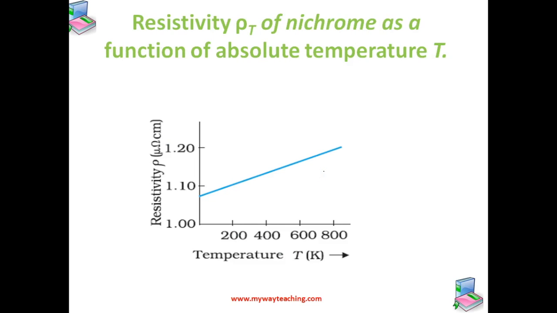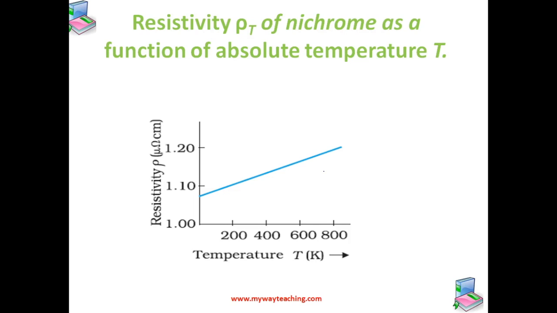You can see this in the graph. Manganin and constantan have similar properties. These materials are widely used in wire-bound standard resistors, where the resistance values change very little with temperature.